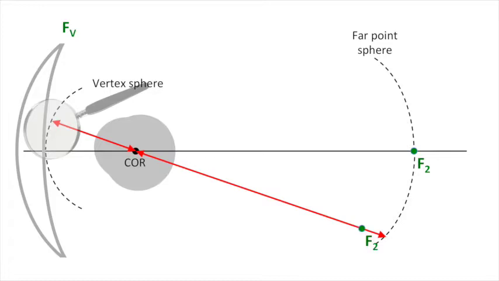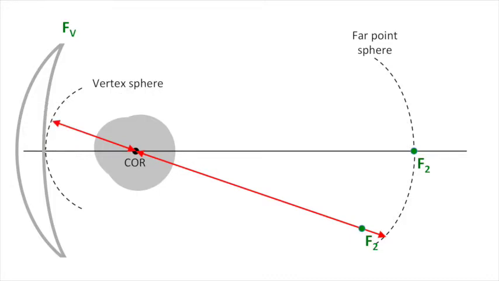It's just like increasing the vertex distance for a regular spectacle lens when we're looking through the optical center. That increase in distance will give us increased plus power for the hyperopic correction, or decreased minus power for the myopic correction. So for this hyperopic correction, the effective focal point now lies in front of the far point sphere.